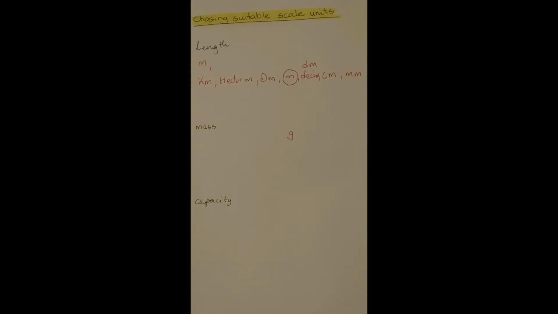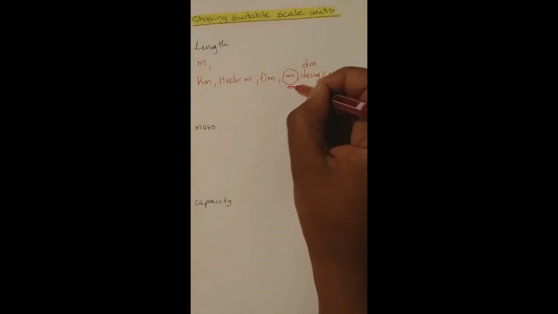For instance, let's suppose you want to measure the distance from your front door to your gate of your house. Meters is your basic unit.